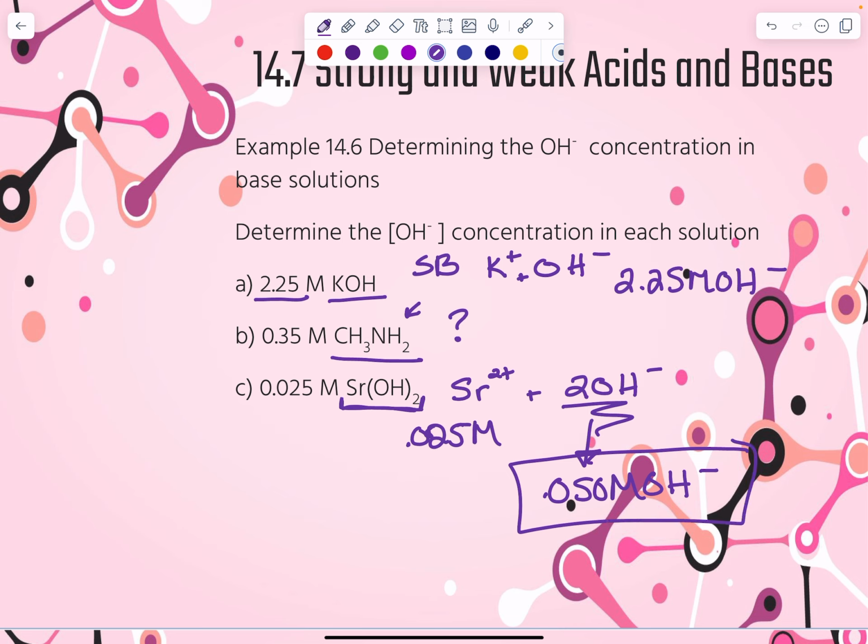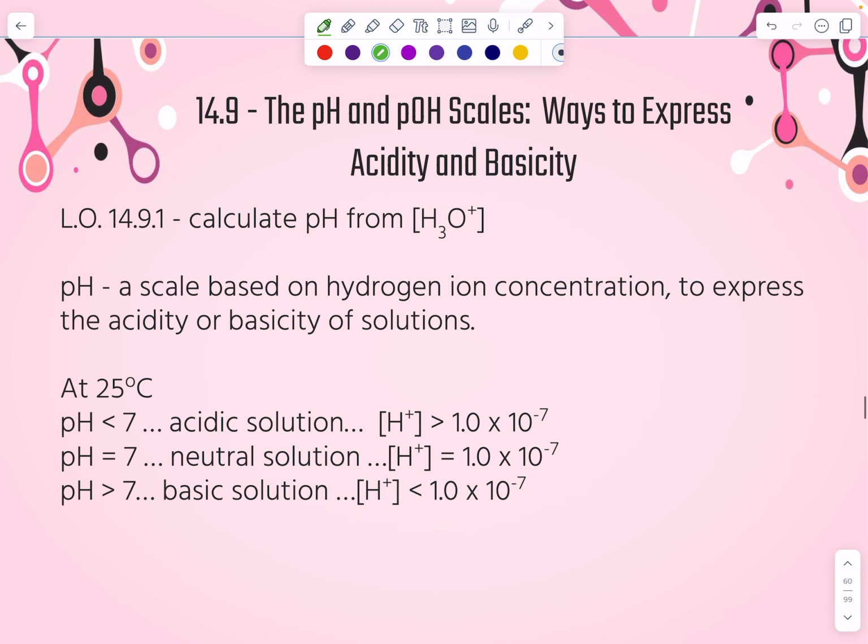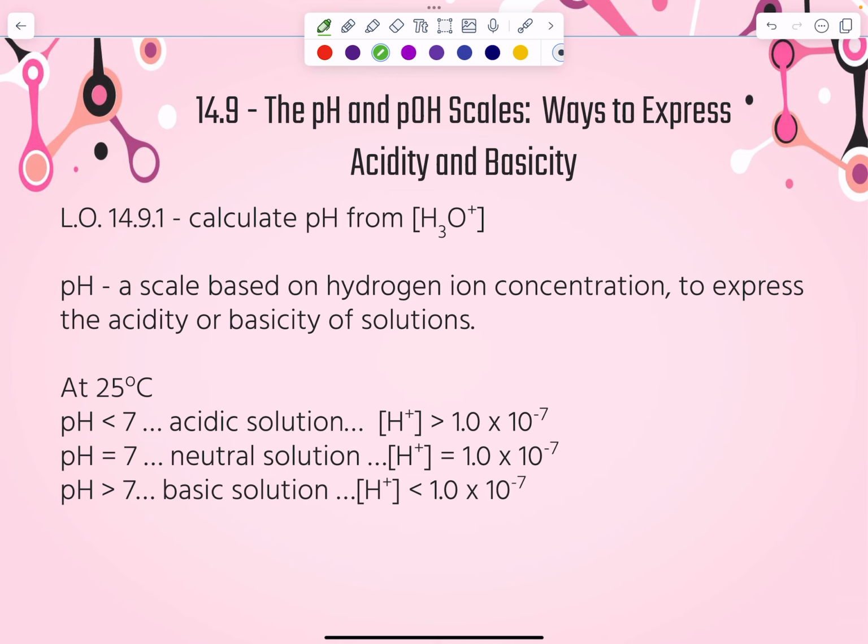And since this is what is determining the basicity, the alkalinity, another way to say that word, and the pH of that solution, it's really important to notice that there's 2 OHs in this. And as I said, why is that important? It's important because we use this to calculate pH.